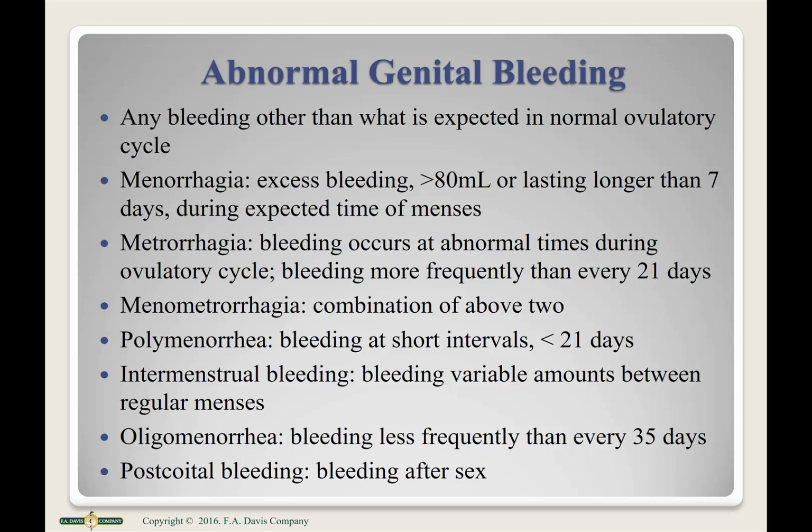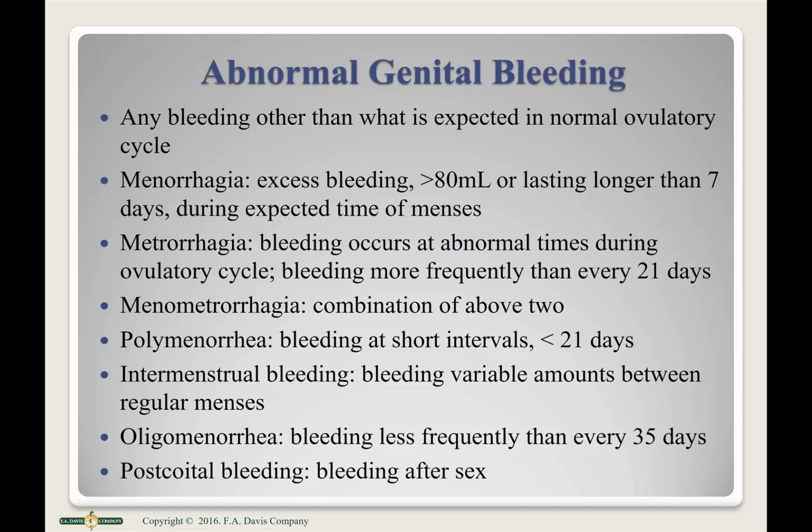So she's bleeding more frequently than every 28 days, or she's bleeding irregularly throughout the menstrual cycle in addition to her regular menses. So I just kind of want you to clump those terms together. When you see them, you're going to think that this person is bleeding abnormally throughout the menstrual cycle, throughout that 28 days.